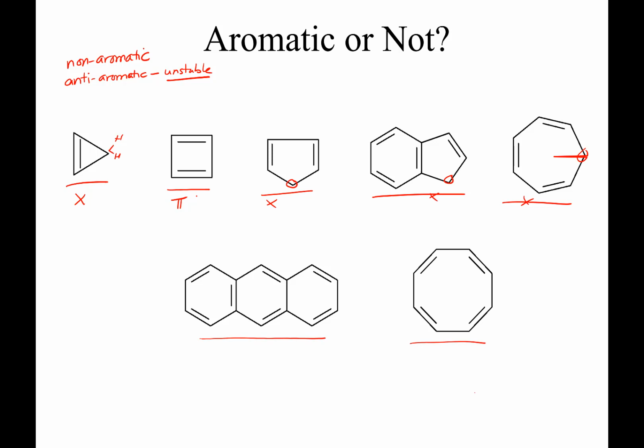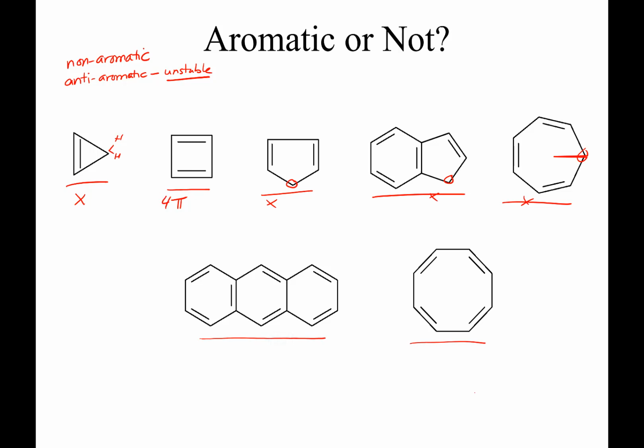Give me a number. He said 2. 2 pi electrons per pi bond. So how many does this one have? 4. So that's got 4 pi electrons.